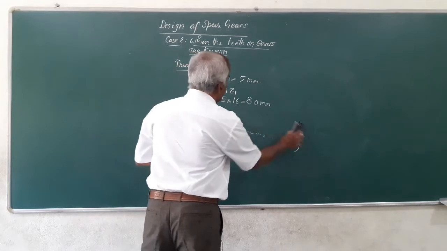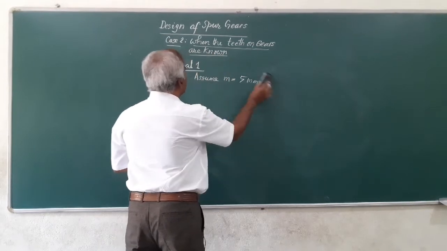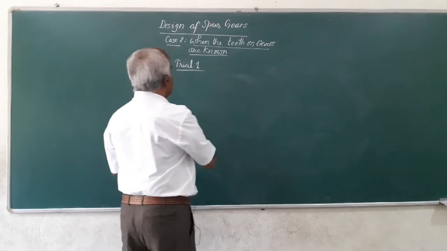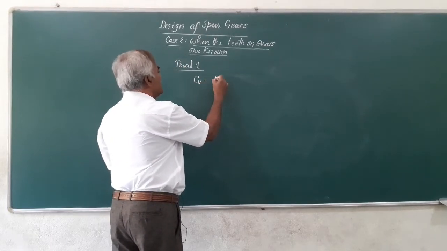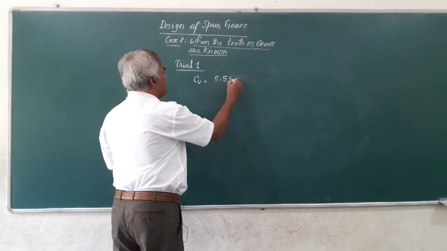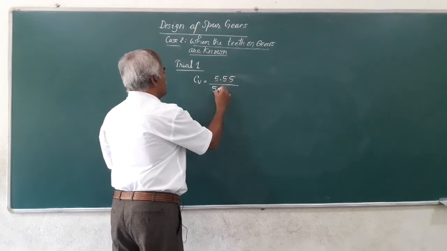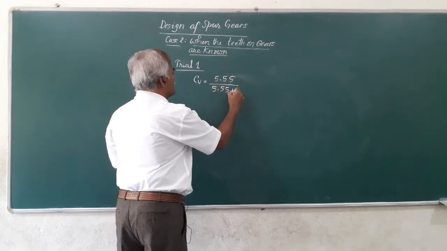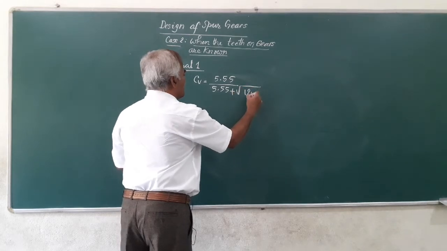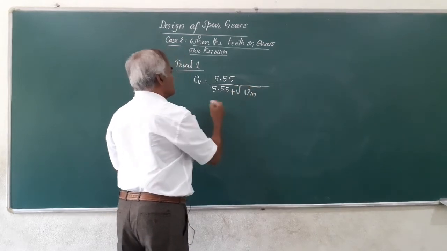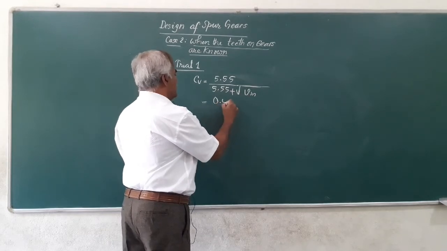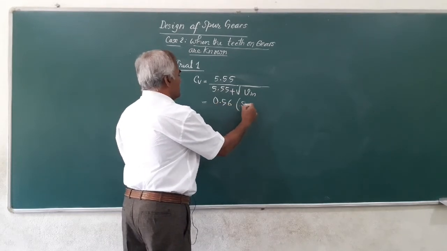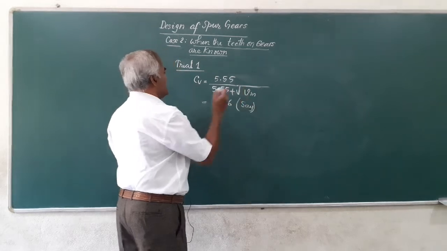So if you refer to the data handbook, for velocities greater than 20 meter per second, the velocity factor Cv is given by 5.55 divided by 5.55 plus root of Vm, which you have calculated. So friends, from here you will be able to get the value, say you are getting 0.56. This is the value of Cv.